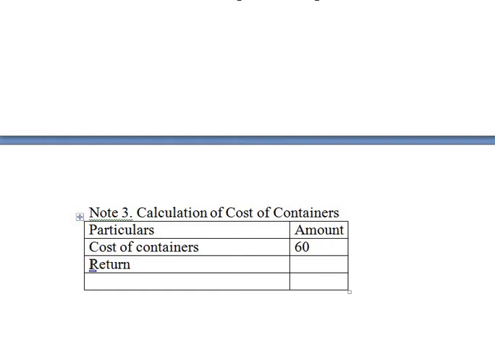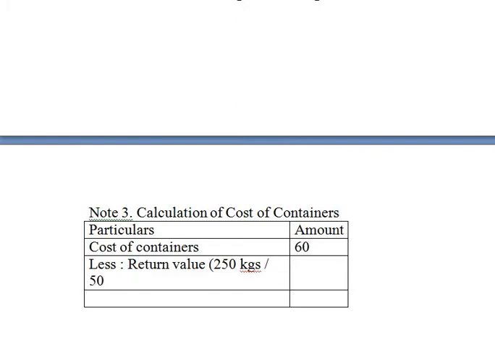Here you can write less return value. Now how will you get the return value? In bracket you can write the total quantity of material X and Y, 250 kgs, divided by 50 kgs.